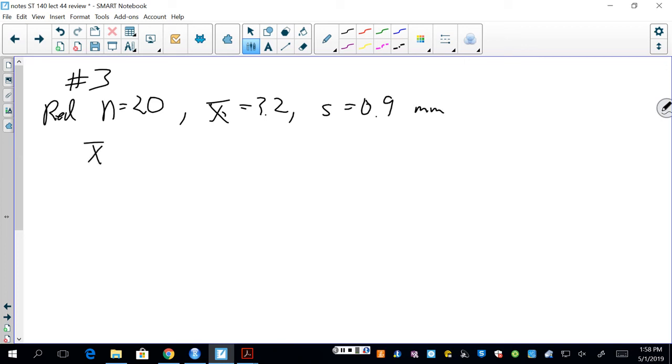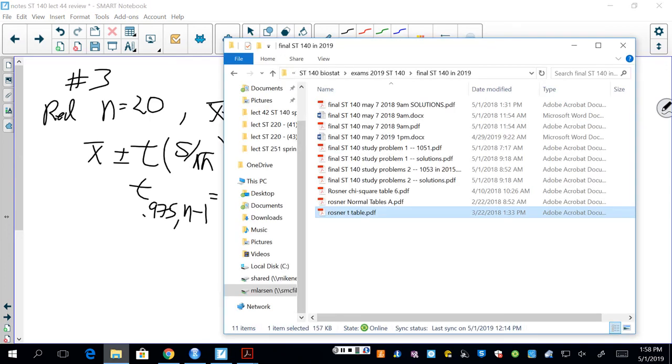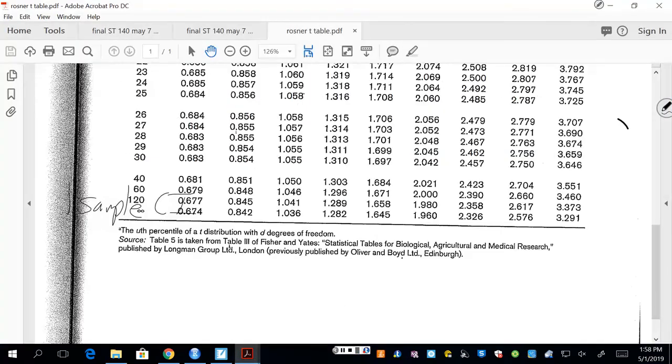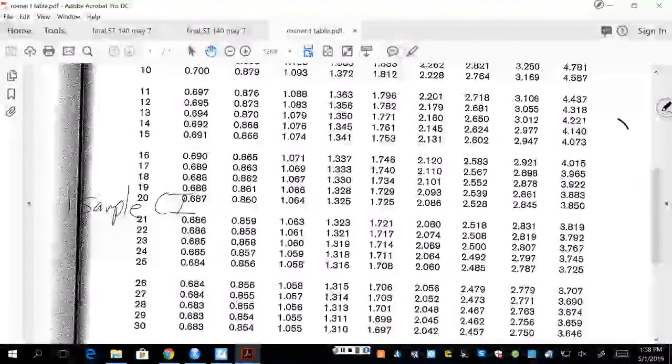The confidence interval for the average length in this group is x bar plus or minus a t-value times s over the square root of n. That t-value is the 97.5th percentile with n minus 1 degrees of freedom. So we want the 0.975 column with 19. Grab the t-table; these smaller numbers are on the t-table. We want this 0.975 column, and the 19 value is 2.093.